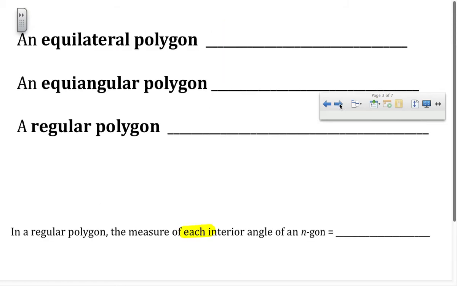Moving on, a little bit of vocabulary before we get to the next formula. We know what an equilateral triangle is. The same idea applies in an equilateral polygon. It has what? Equal sides, yes. An equilateral polygon has all sides congruent.